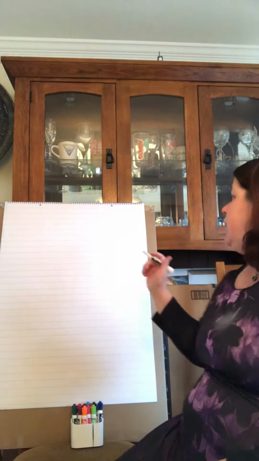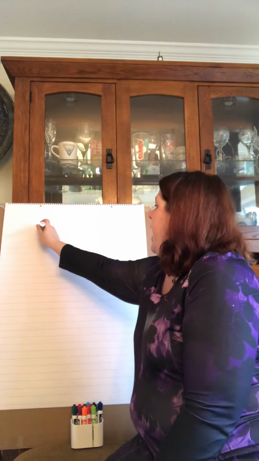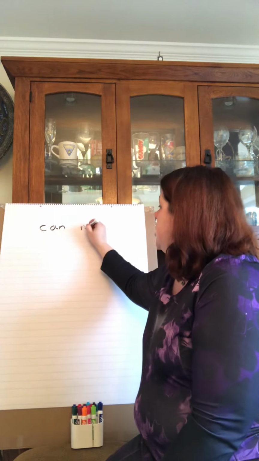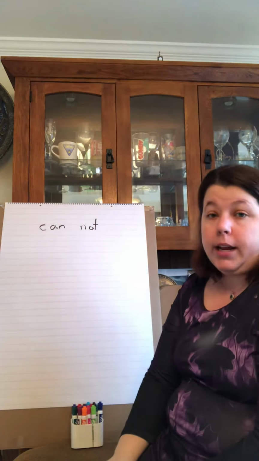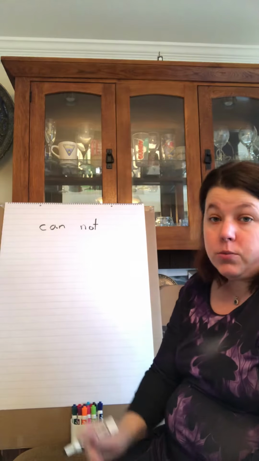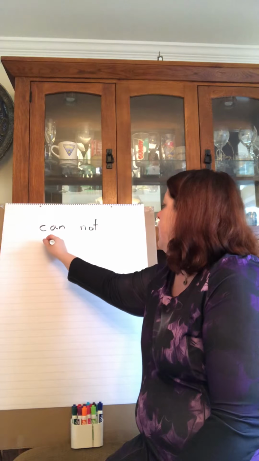All right, so contractions. For example, if I were saying, I cannot go outside because it's raining. We're going to make that a contraction. We're going to squeeze it together. So we put the first word down, can.